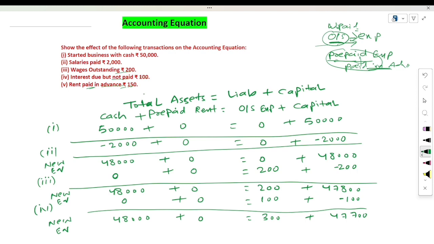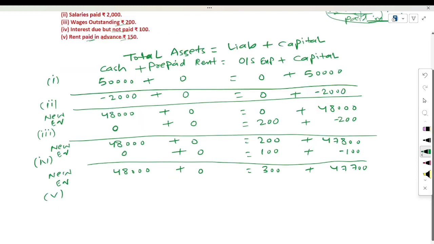Now the last transaction is transaction number 5. Rent paid in advance. How much? 150. Paid in advance means you are paying. Paying means your cash value will be decreased by 150, and this will create your asset, that is prepaid rent of 150.